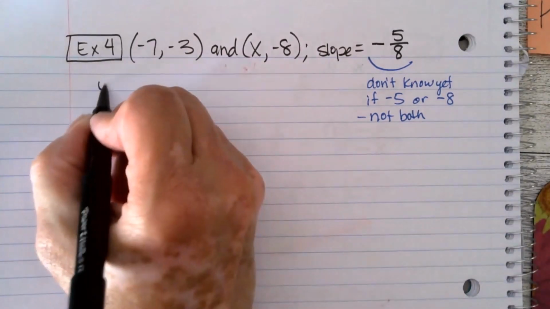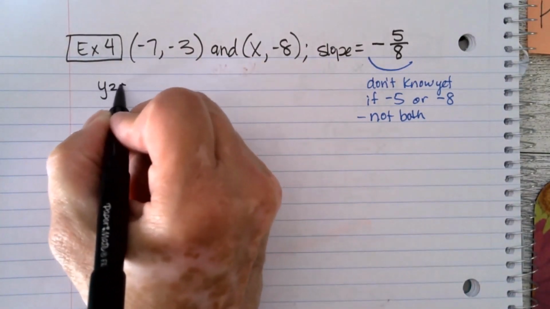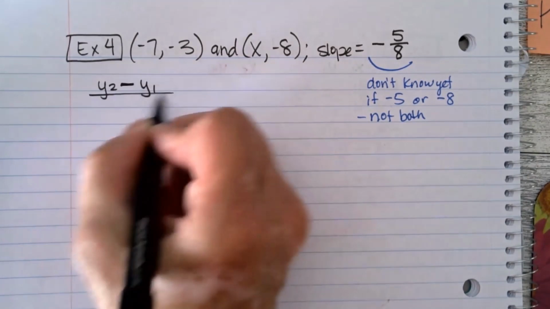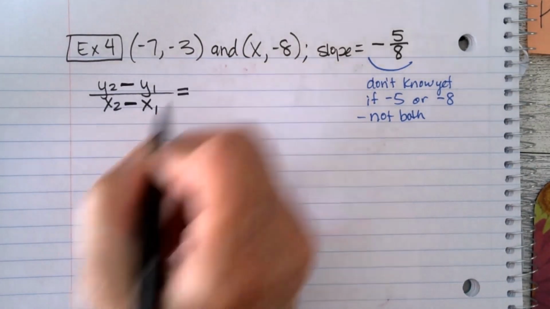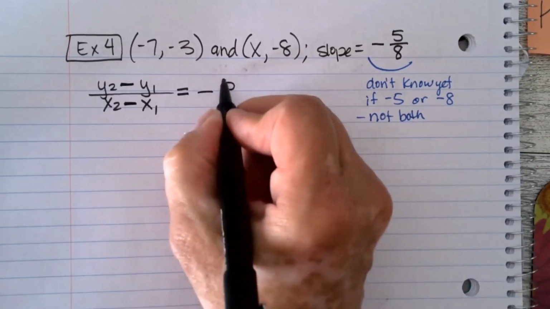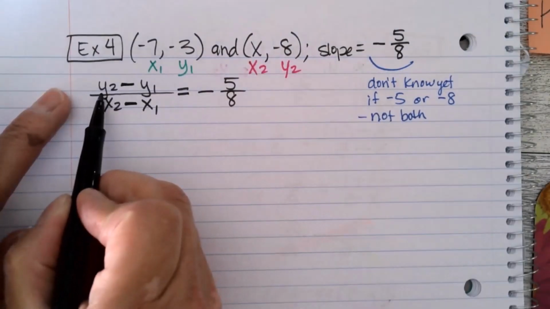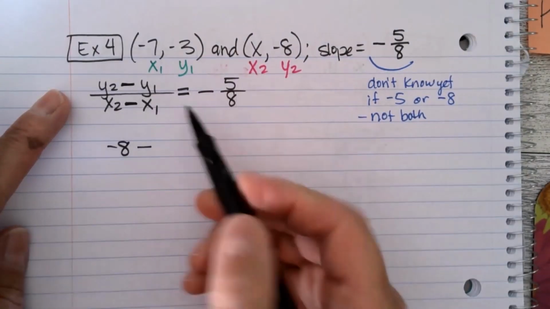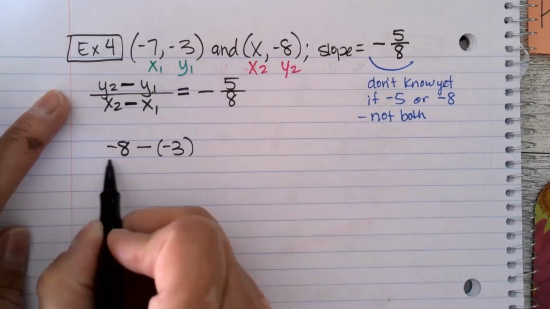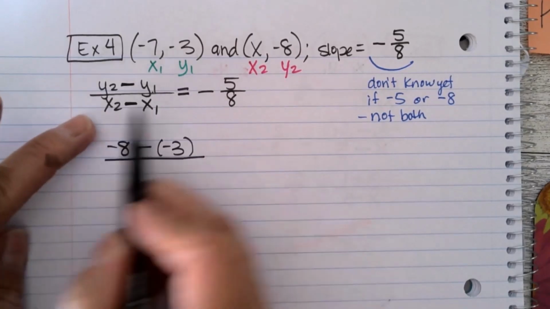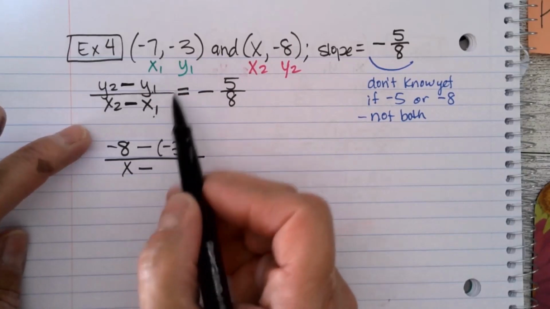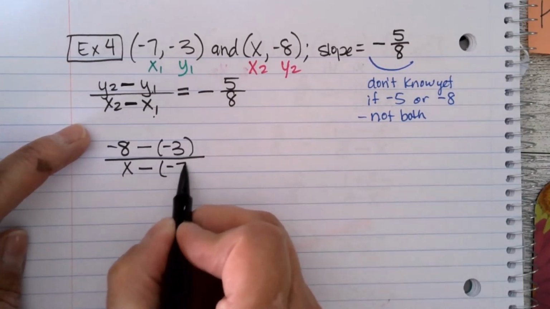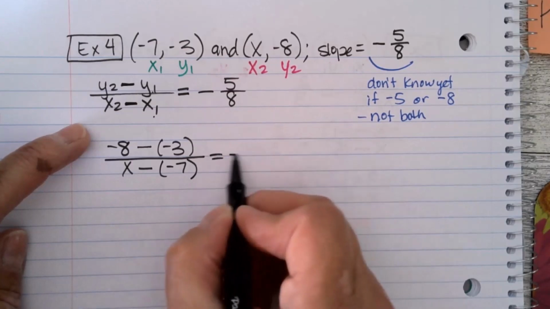I start again the same way, y2 minus y1 over x2 minus x1, and that equals negative 5/8. So y2 is negative 8 minus y1, which is negative 3, over x2, which is x, minus x1, which is negative 7, equals negative 5/8.